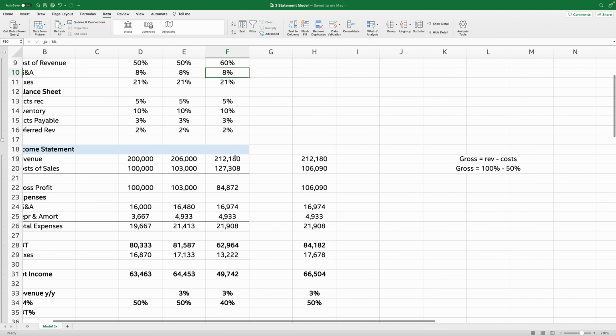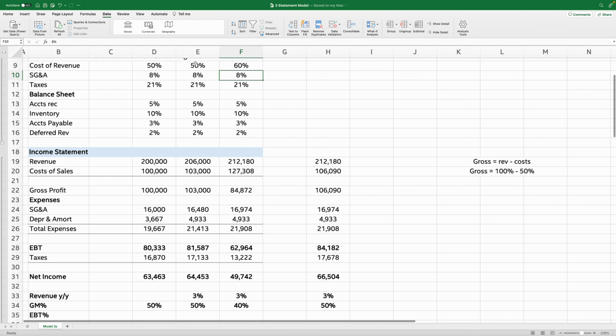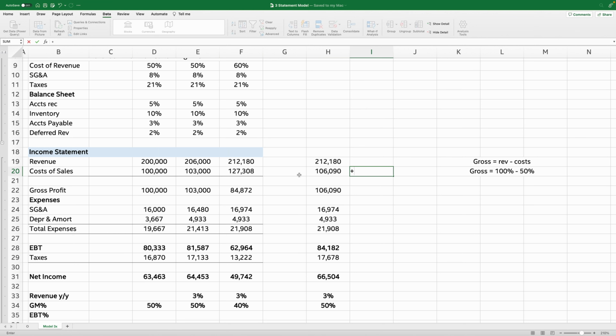So look, we changed the cost of revenue. We didn't change revenue, so revenue is still the same. But our cost of sales has now increased by 21,218, or changing these to 20%.